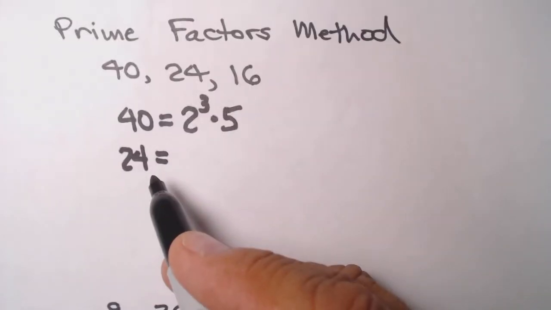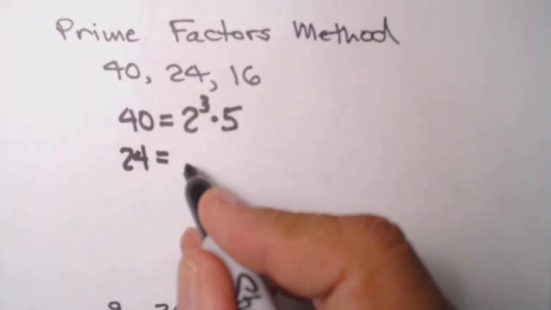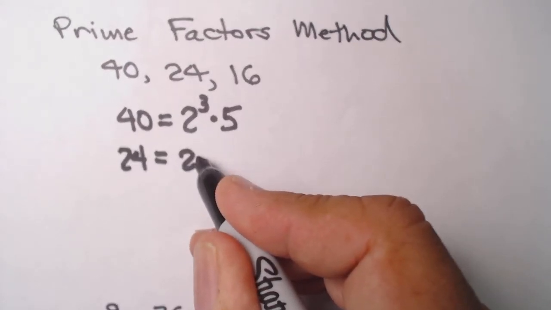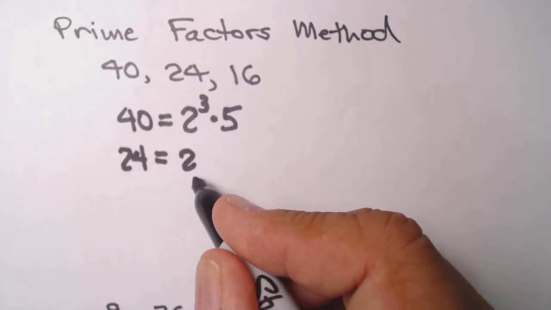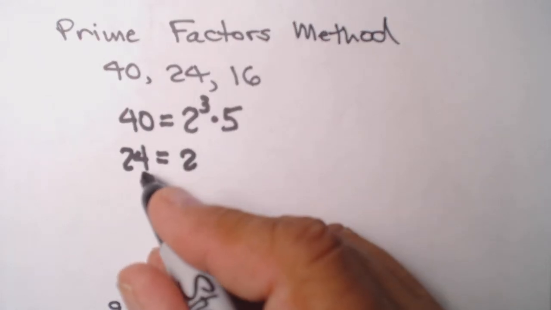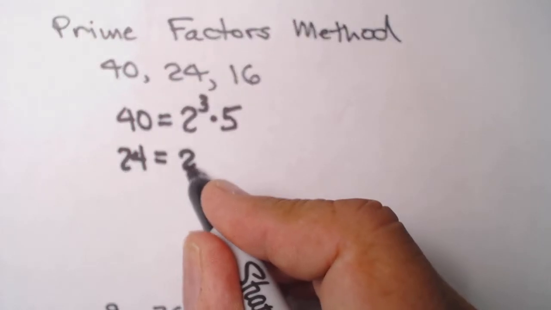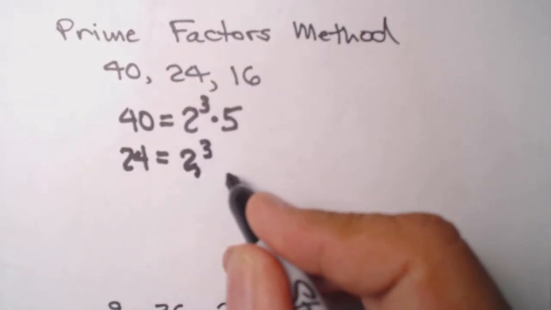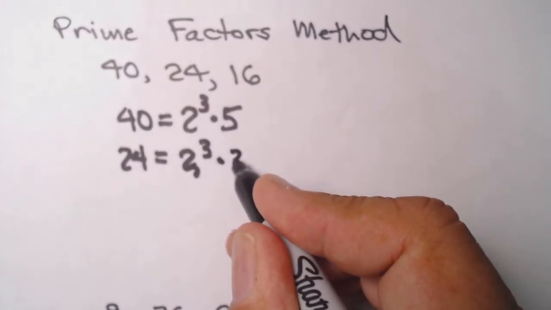24 is 4 times 6. Well, 4 is 2 squared. Actually, what it is, it's 8 times 3. Okay, because 6 is not a prime number. 8 times 3, we'd have 2 to the third again, and then times 3.